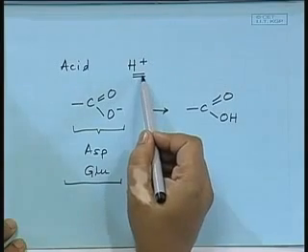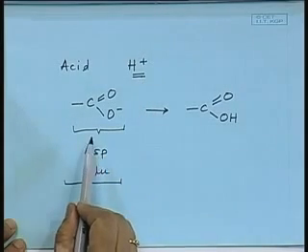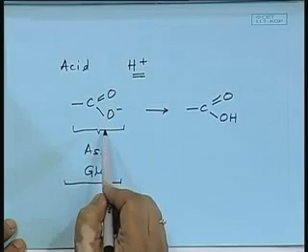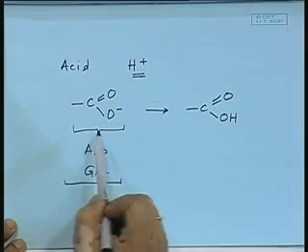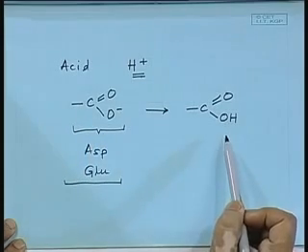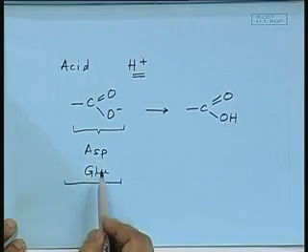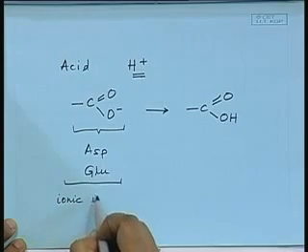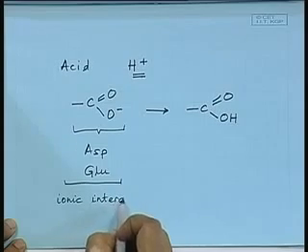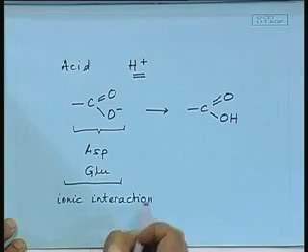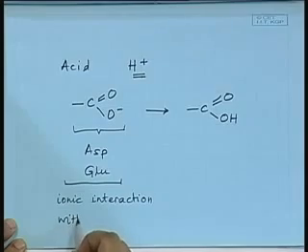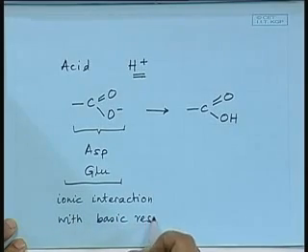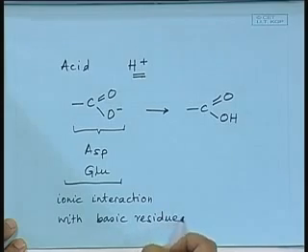Any acidic group that had the free carboxylic group in its ionized form would get protonated, and if this aspartic or glutamic acid could form an ionic interaction with a basic amino acid residue, what would happen to those?